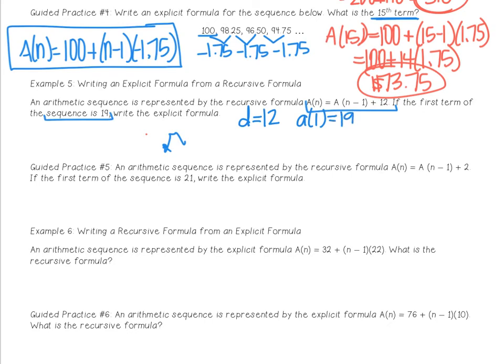That's all you need to know to write the explicit formula. So we're going to go a sub n equals a sub 1, which is 19, plus n minus 1 times the common difference, which is 12. So that's my explicit formula from the recursive formula.